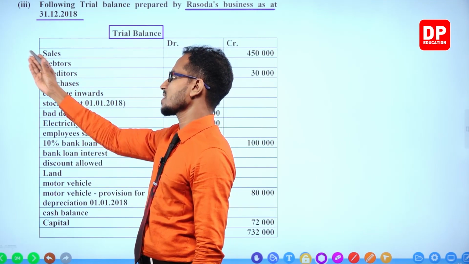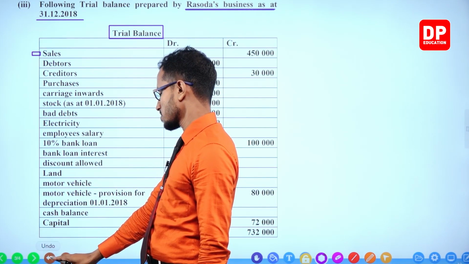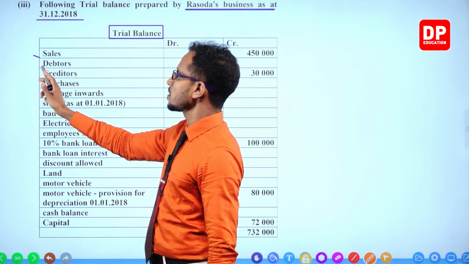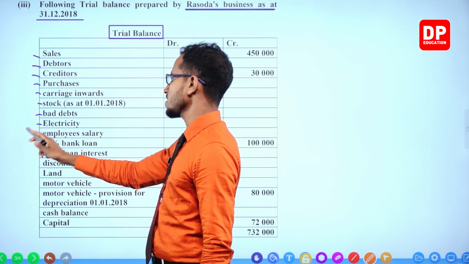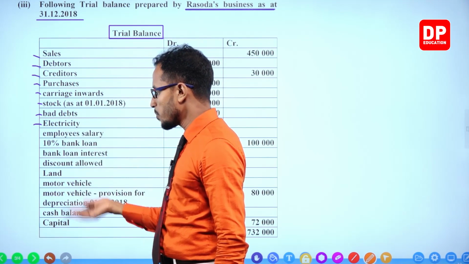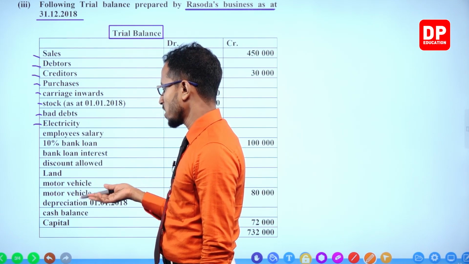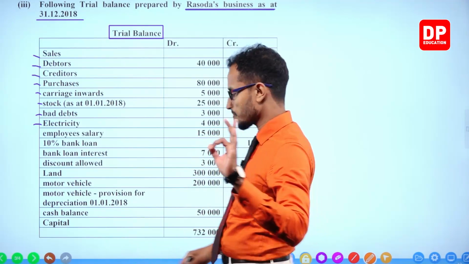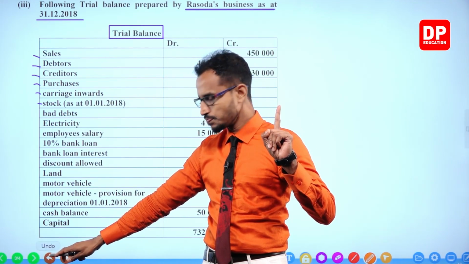Sales, debtors, creditors, purchases, carriage, stock, bad debts, electricity. There are like 10, 12 items in the trial balance. First, label them.